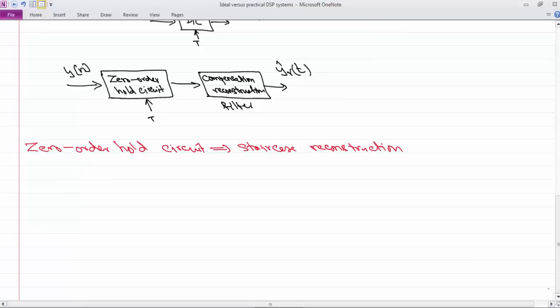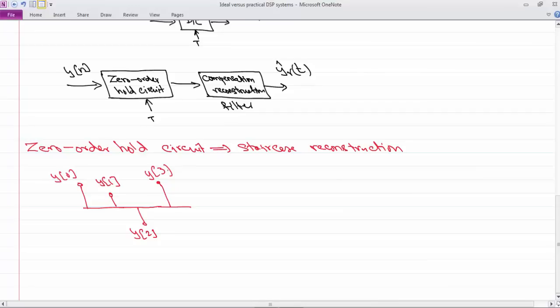So in an ideal setting, what we talked about was, let's say you are given these discrete time samples, and let's say this is y[0], y[1], y[2], y[3]. And if you go back to how we derived the discrete to continuous time block, we said you first convert it to impulses.